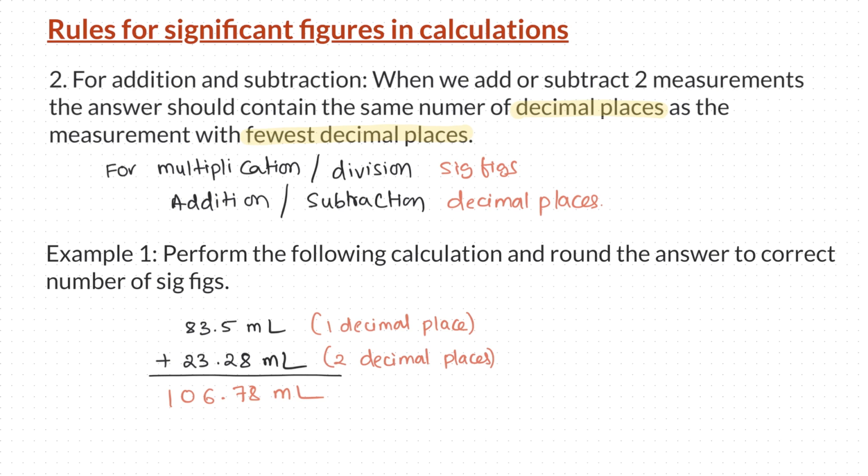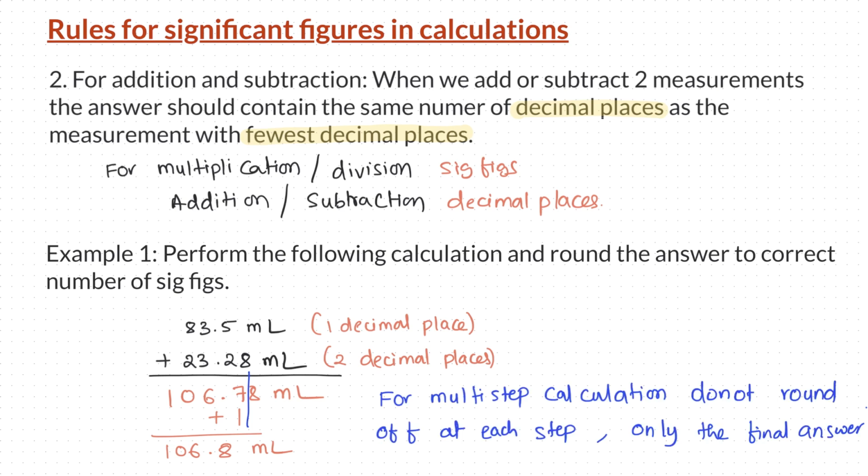Therefore, the answer should be rounded off to 1 decimal place, that is, the measurement with the fewest decimal places. The first number that we are removing is 8, which is greater than 5, therefore we round up. If you have a multi-step calculation, then carry 2 or more additional significant figures at each step and round off the final answer only.